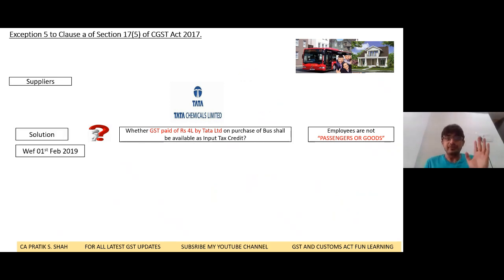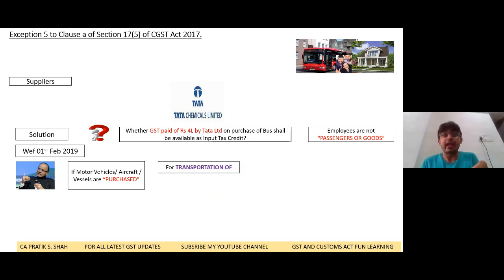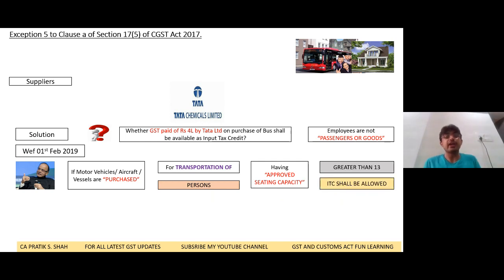Please listen. With effect from 1st Feb 19, if a motor vehicle, aircraft, or vessel is purchased for the transport of not goods, not passengers, but persons, and it has approved sitting capacity of greater than 13, ITC shall be allowed.